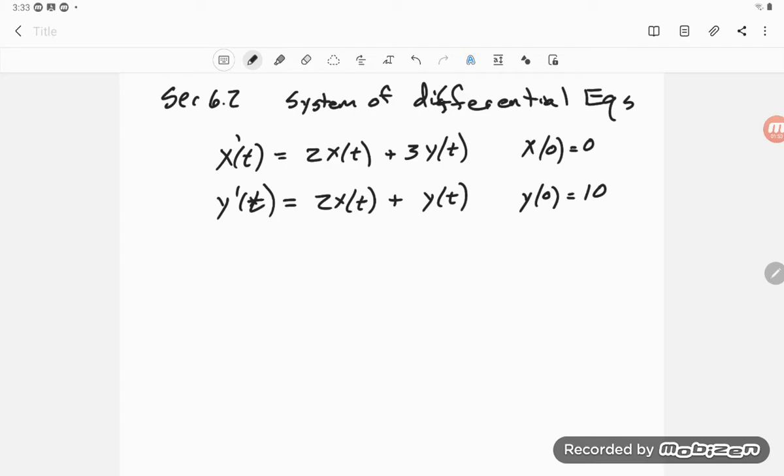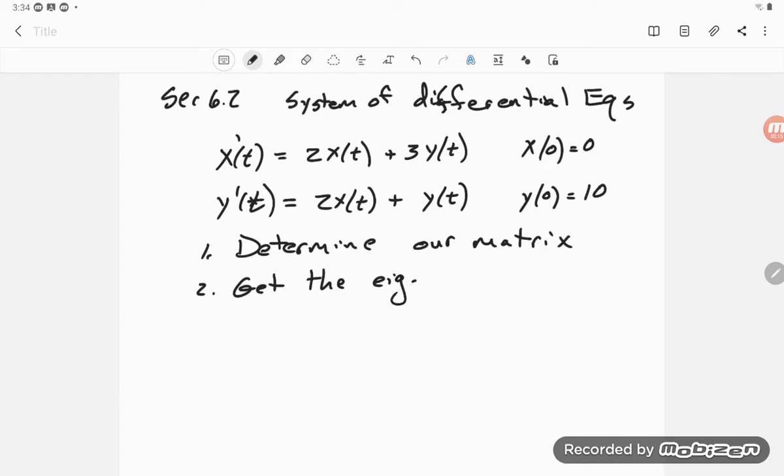So our first step is we determine our matrix that we want to work with. Then we get the eigenvalues and corresponding eigenvectors.